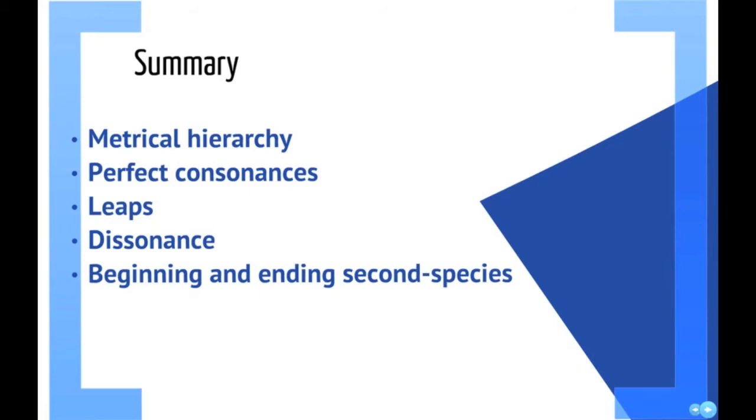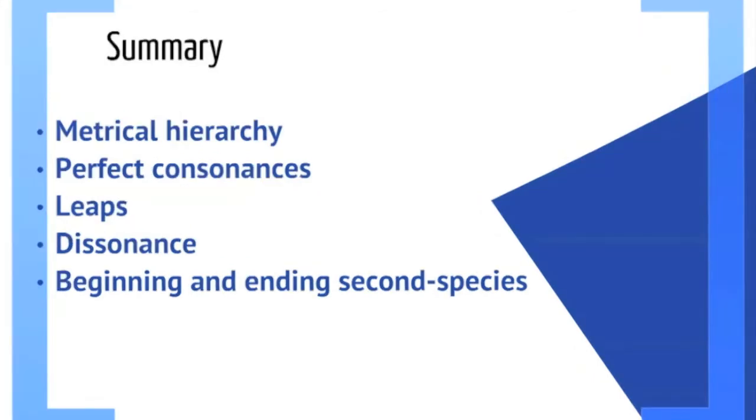We also talked about dissonance and the use of dissonance in second species, which is completely new, and the need to use dissonance only as passing tones and on weak beats of the bar. Finally, just like first species, in second species we have a certain number of prescribed ways we can begin and end our counterpoint example. So we discussed those as well.